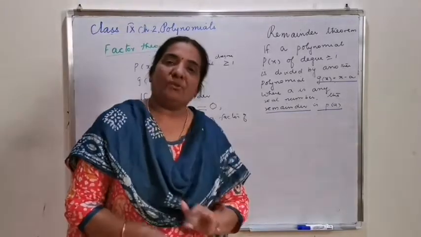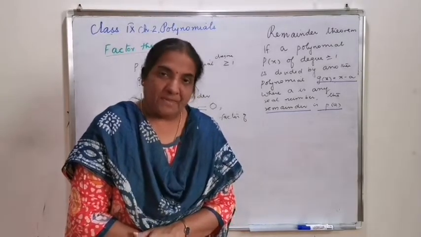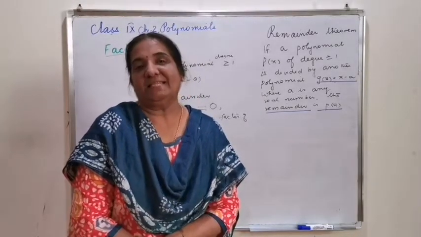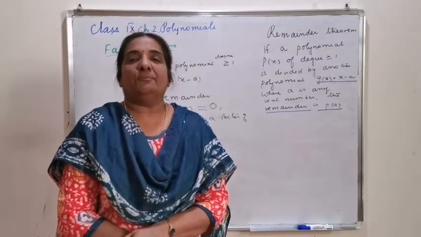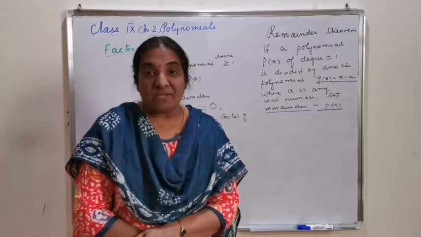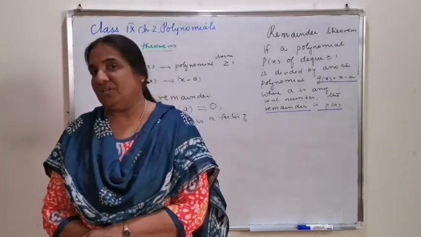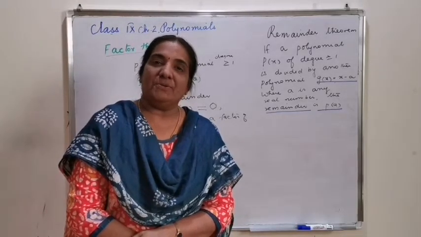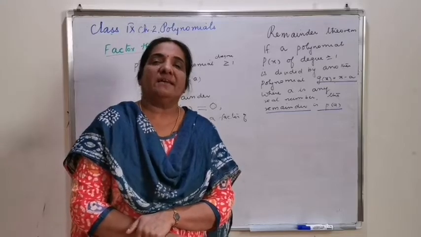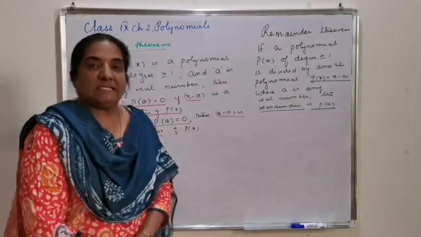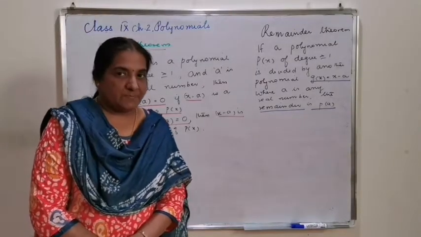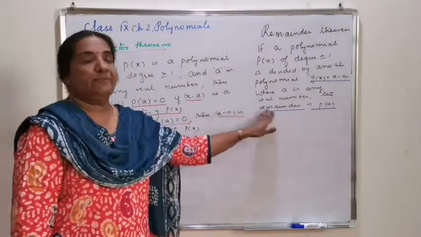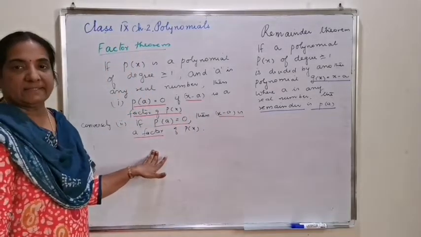Or conversely, you can say if x minus a is a factor of p of x, then p of a is equal to 0 also. Both these concepts will be used in the remaining part of the exercise questions. These are the statements in the textbook for both remainder theorem and factor theorem.